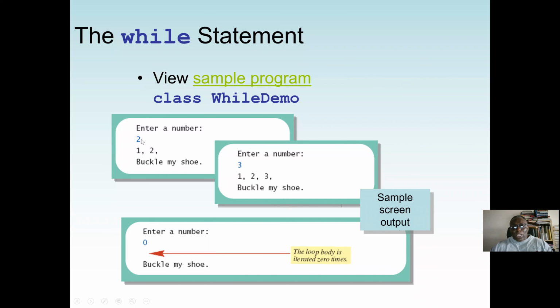So here we are assuming we enter 2. If we enter 2, we print 1 and 2. Then buckle my shoe. If we enter 3, we print 1, 2, 3. Then buckle my shoe. If we enter 0, nothing will happen. It will iterate 0 times. We just exit from the loop.